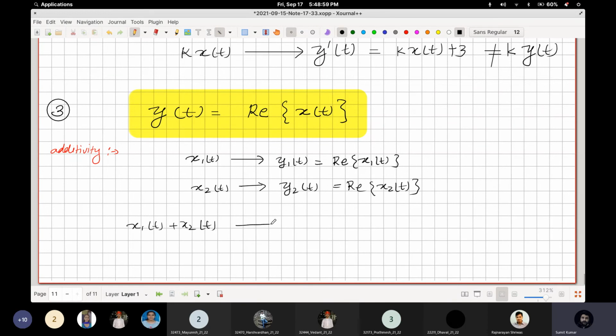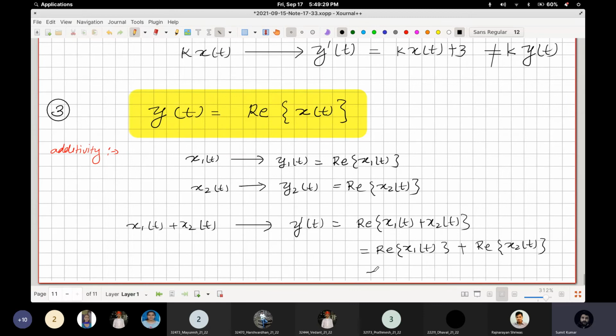If you give x1t plus x2t as input, let me assume the output is y dash t. Then y dash t will be the real part of x1t plus x2t, and this is equal to the real part of x1t plus the real part of x2t.